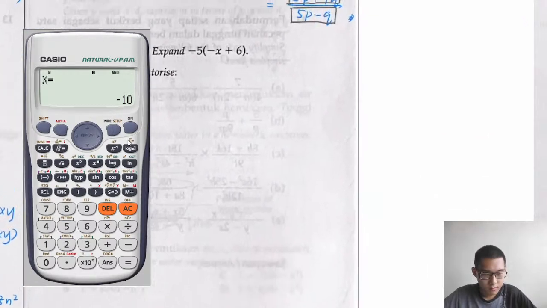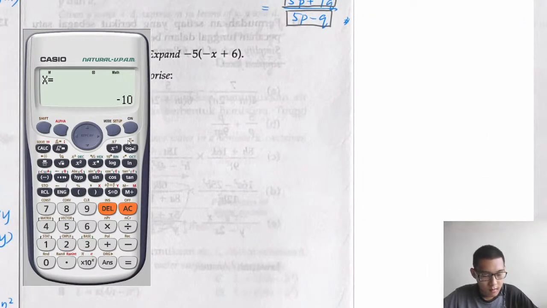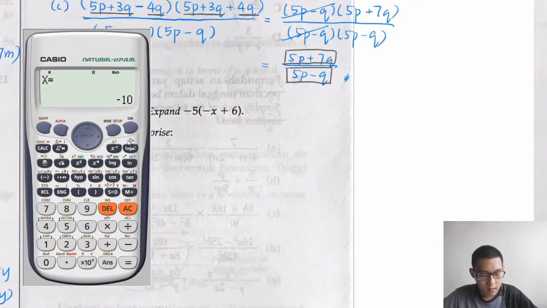So question 8. Expand. This one, I think it's very easy. We just expand this one. So now we have negative 5 times negative x is positive 5x. Negative 5 times 6 is negative 30.